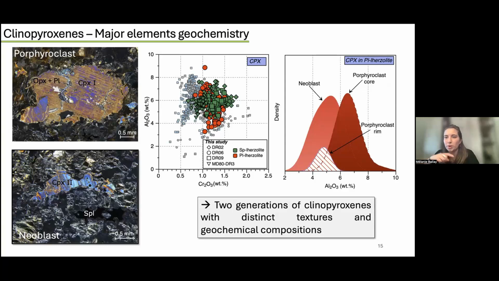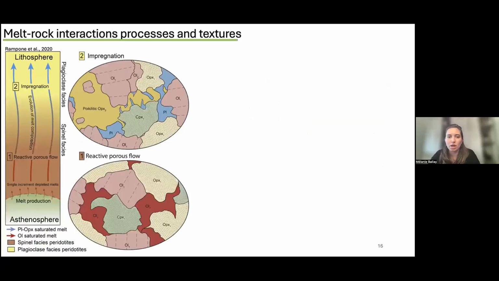But the rim of the porphyroclast and the neoblasts show the same aluminium content and show that you have exchanges with the melt. So two generations of clinopyroxene with distinct texture and geochemical composition.